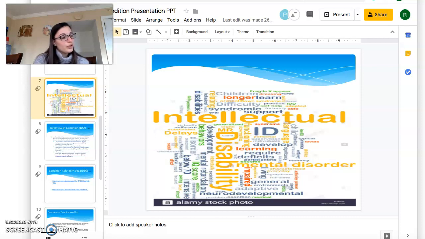A few differential diagnoses. These are conditions that rule it out. Those include borderline intellectual functioning, autism spectrum disorder, specific learning disorder, major neurocognitive disorder, and any other mental health disorders. A few tips for this disorder include, like we stated, the IQ testing, error of measurement, IQ scores above 70.